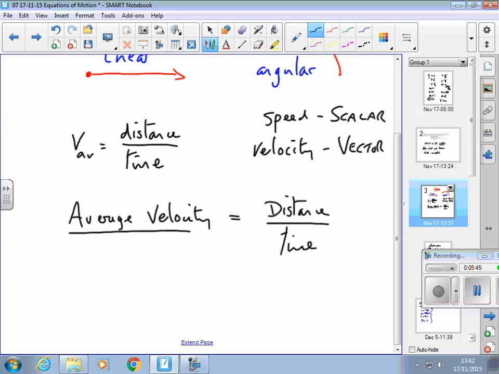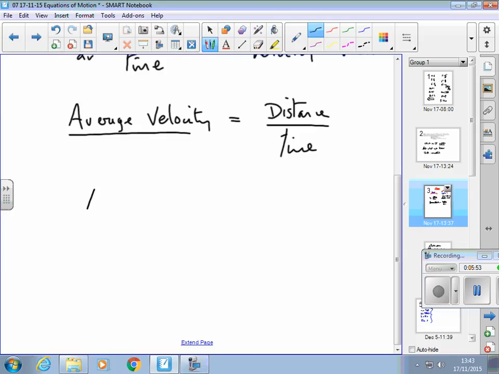Another formula to do with motion. Acceleration, Marcus. Tell me a little bit about acceleration. I agree with you over time, but it's not speed over time.